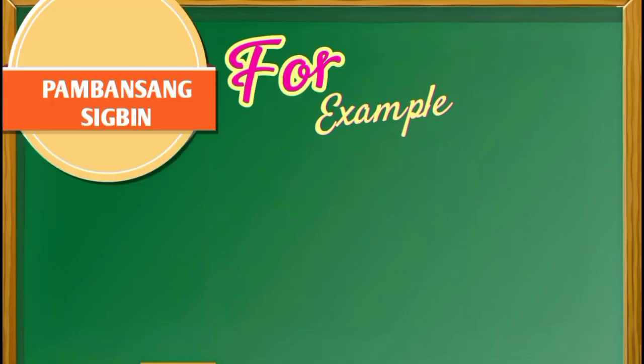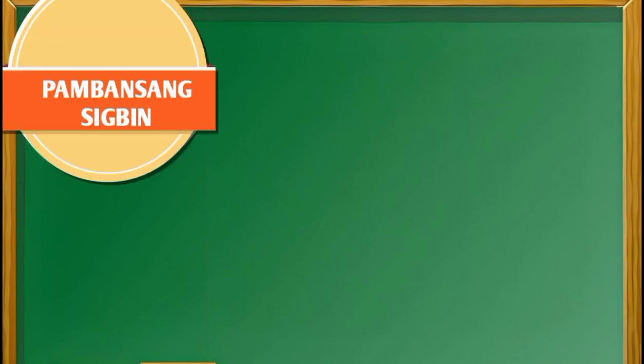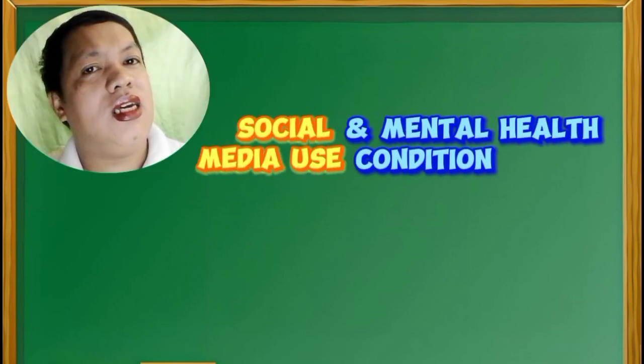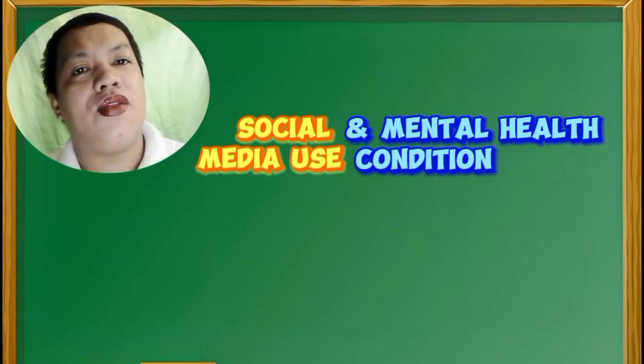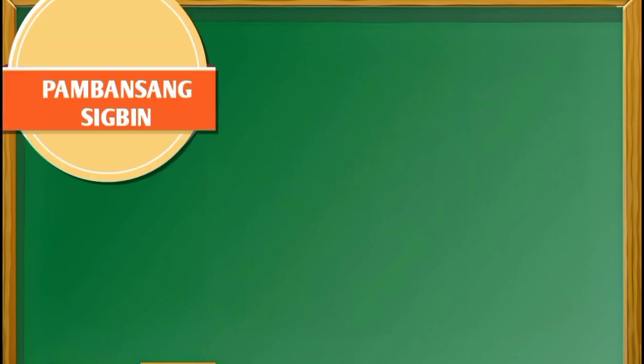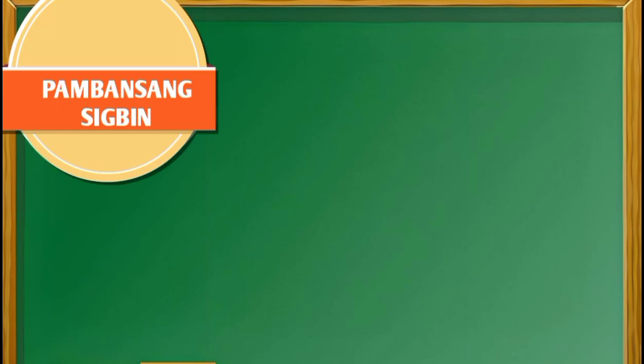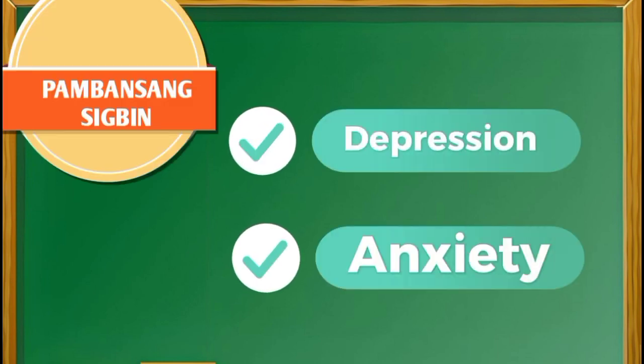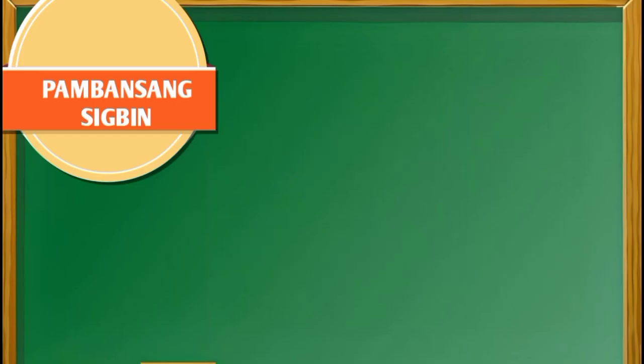You might find articles that investigate the relationship between social media use and mental health outcomes of those who are using that certain social media, as well as studies that explore the impact of social media on specific mental health conditions such as depression and anxiety. That's step 3. Now let's move to step 4.